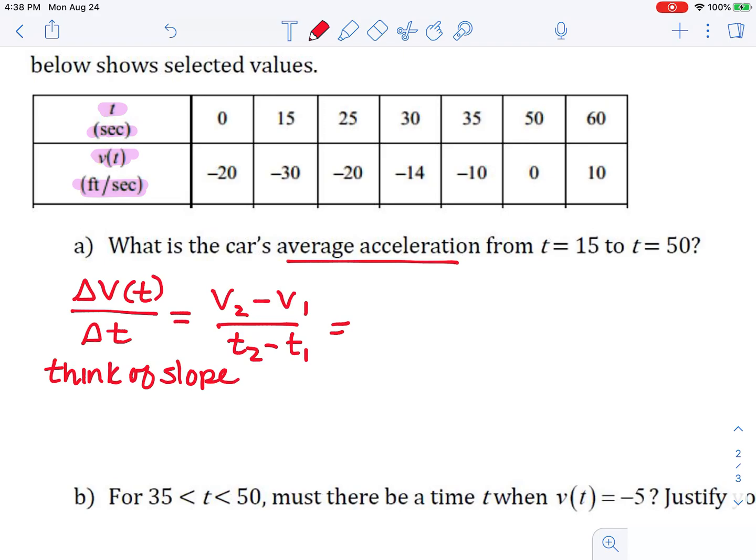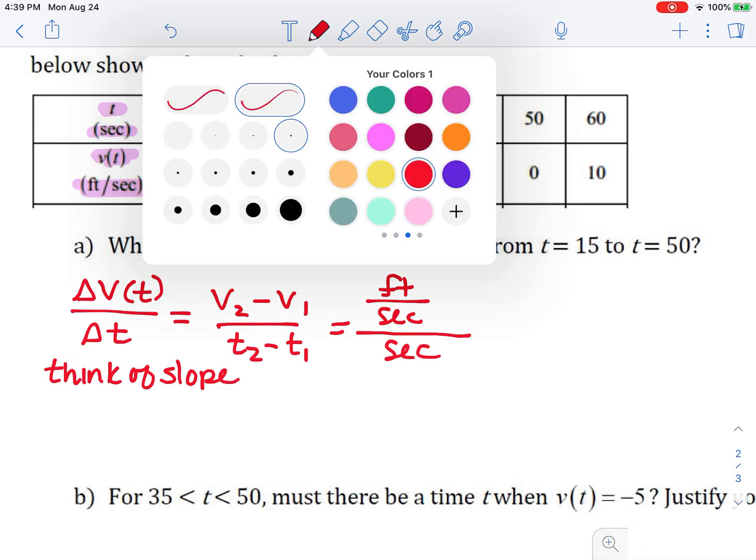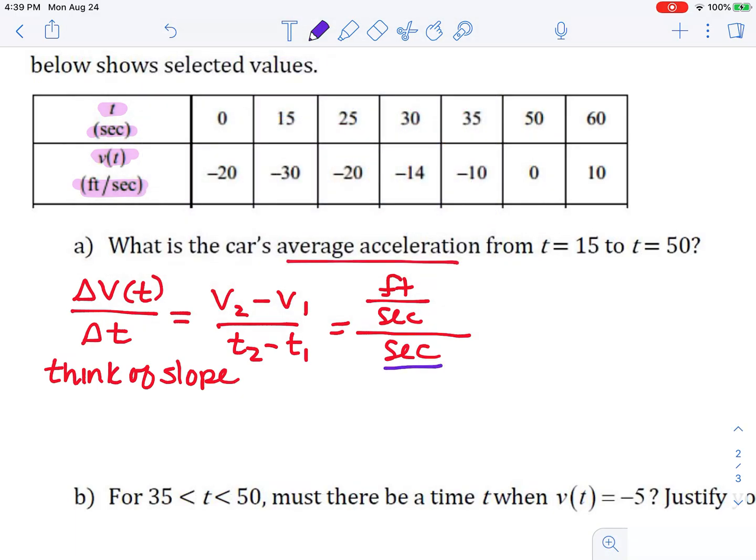So now, think of our units. What would our units be? Because you need your units. V of t has feet per second all over seconds. So what would that be? Now, I'm going to put that over 1. Fraction over a fraction. Multiply by that reciprocal.